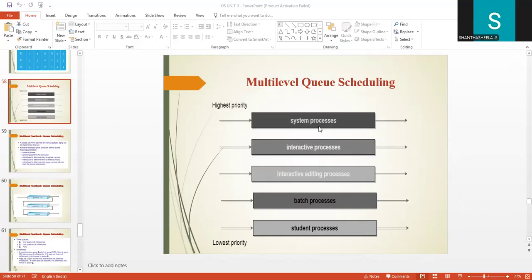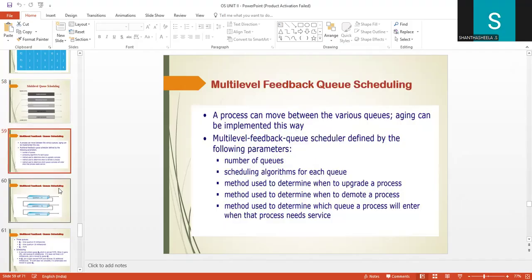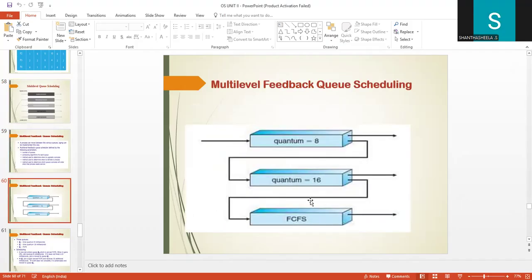Then moving on to multi-level feedback queue scheduling. When you look at this diagram, you have three queues here. The first queue is allotted a time quantum of 8 seconds, for example.